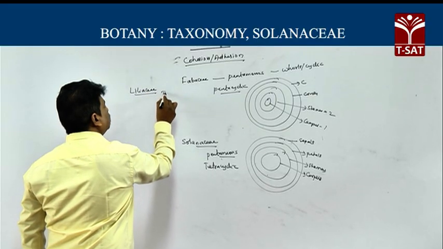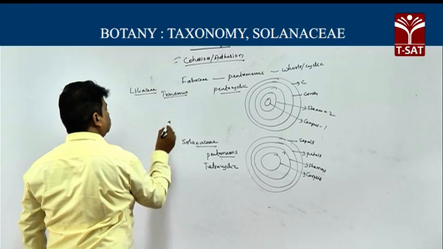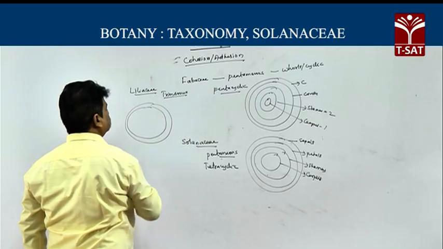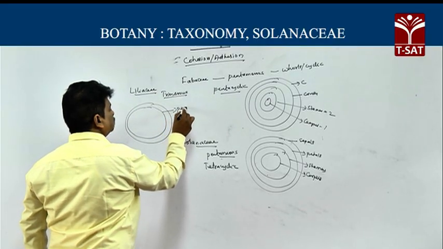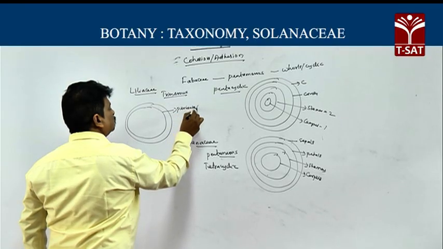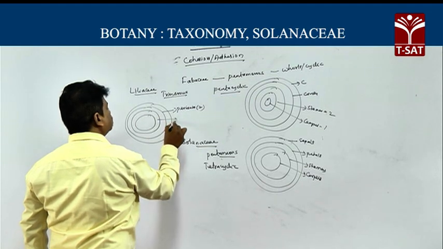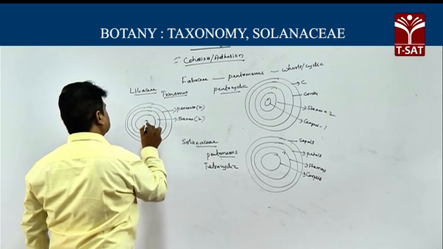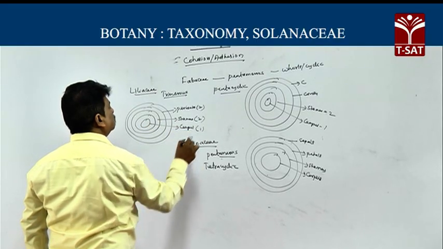Then take Liliaceae. Liliaceae is monocot family. So, trimerous, but whorls: perianth members 2 whorls, stamens 2 whorls, carpel 1.